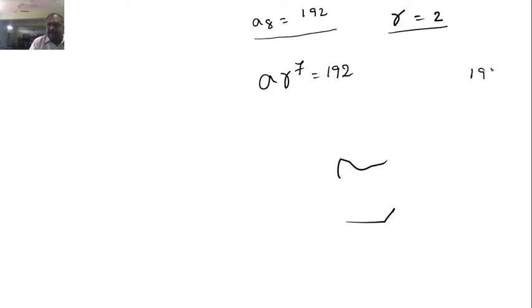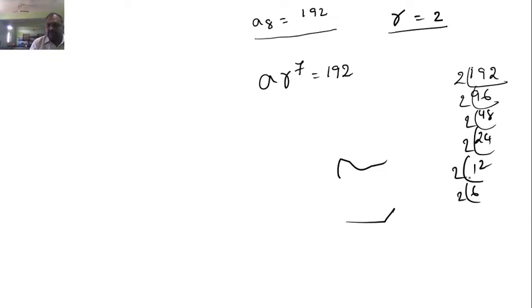Prime factorization of 192: 2 96, 2 48, 2 24, 2 12, 2 6, 2 3.